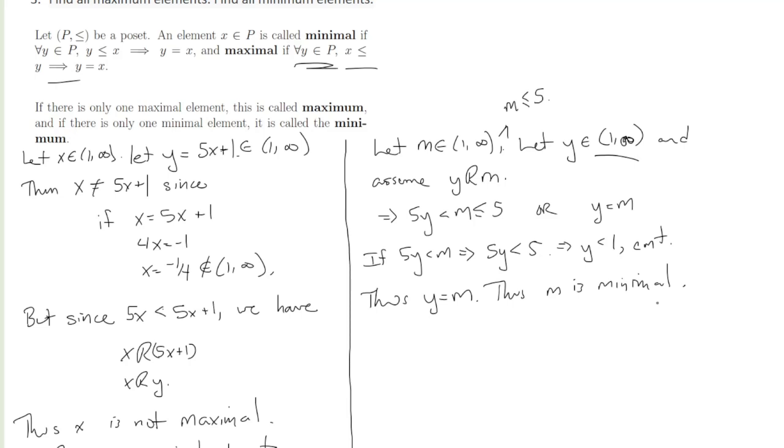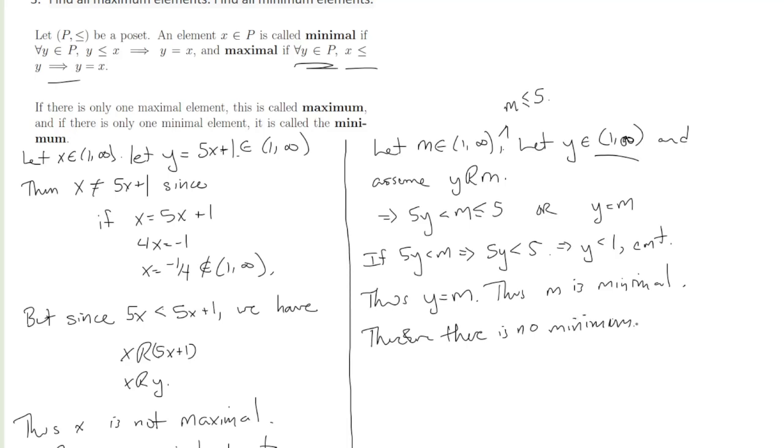Every number between 1 and 5, not including 1 and including 5, every one of those numbers is minimal. Infinitely many minimal numbers, and therefore there is no minimum, because there is not exactly one minimal number.